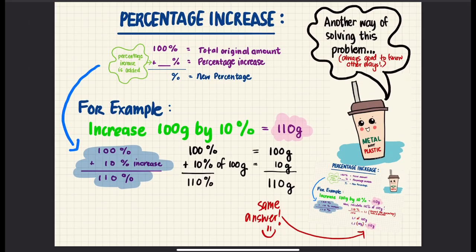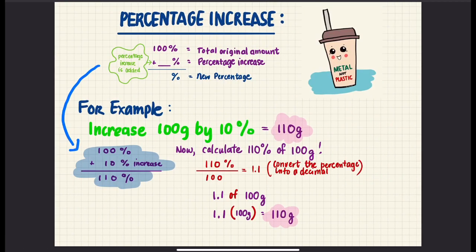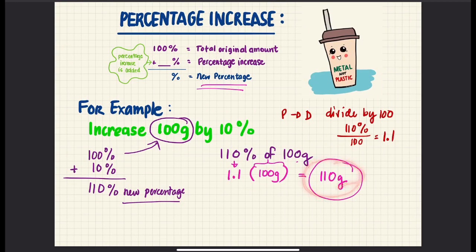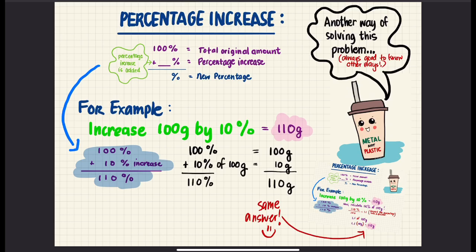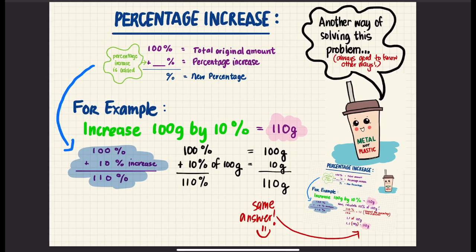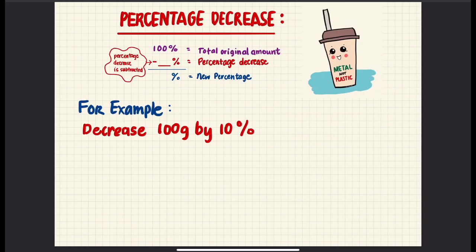So whichever way you use, you will get the same answer, 110. If you don't believe me, see, 110, and I'll scroll back, 110. Two different ways. Choose which one is more comfortable for you. Now this is what you need to do. You have three problems. Let's go to percentage decrease.